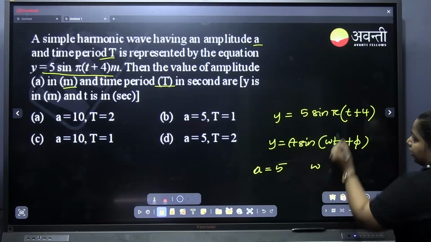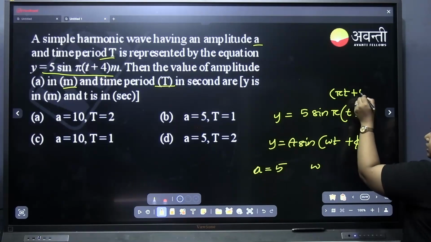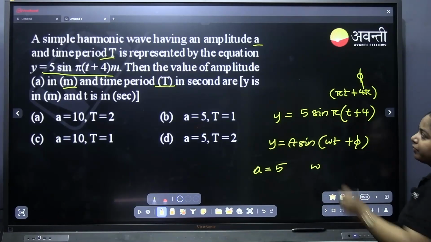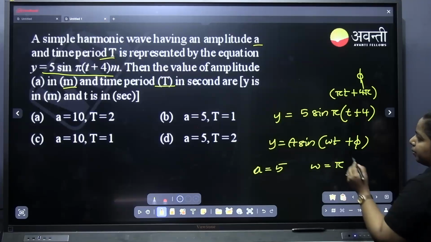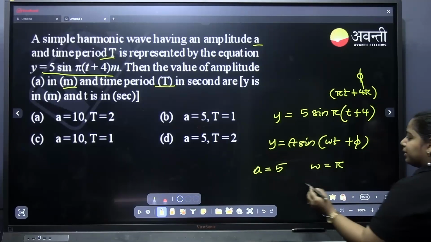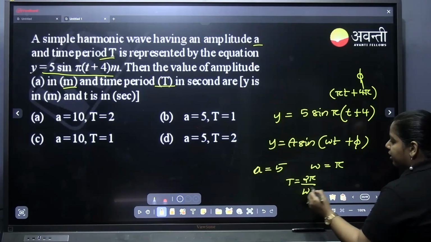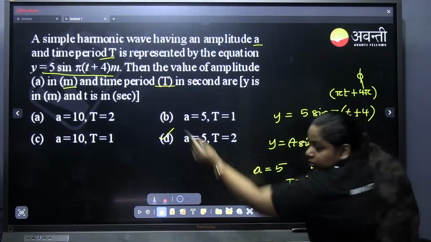Then if you multiply pi inside, it becomes pi t plus 4 pi. So this is our phase phi, and this is omega t, so omega equal to pi. Which means time period is equal to 2 pi by omega, which is equal to 2 seconds. So the answer is option D.